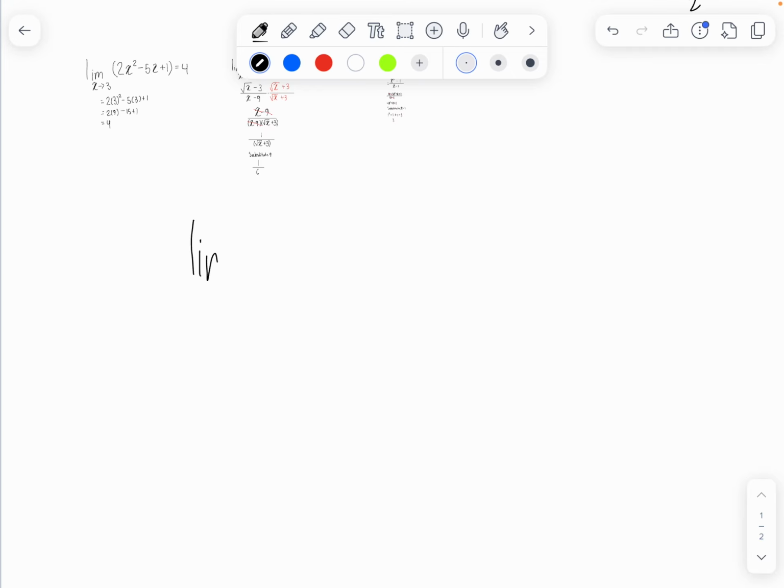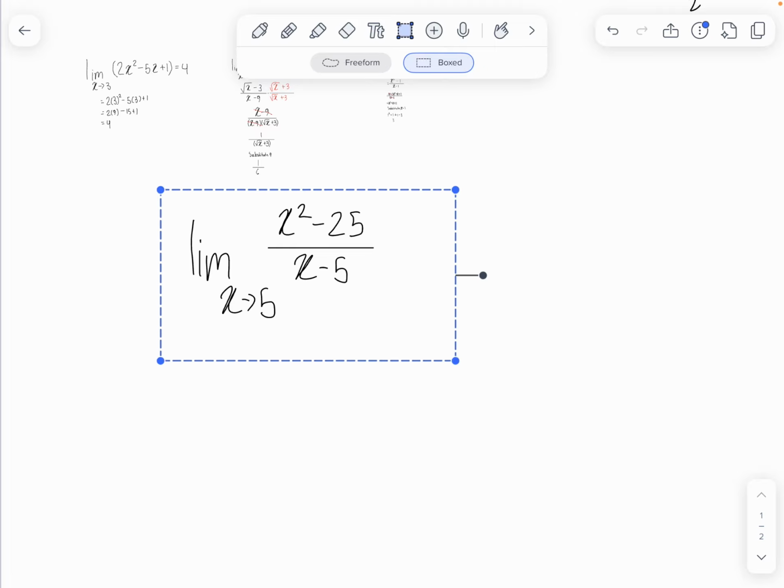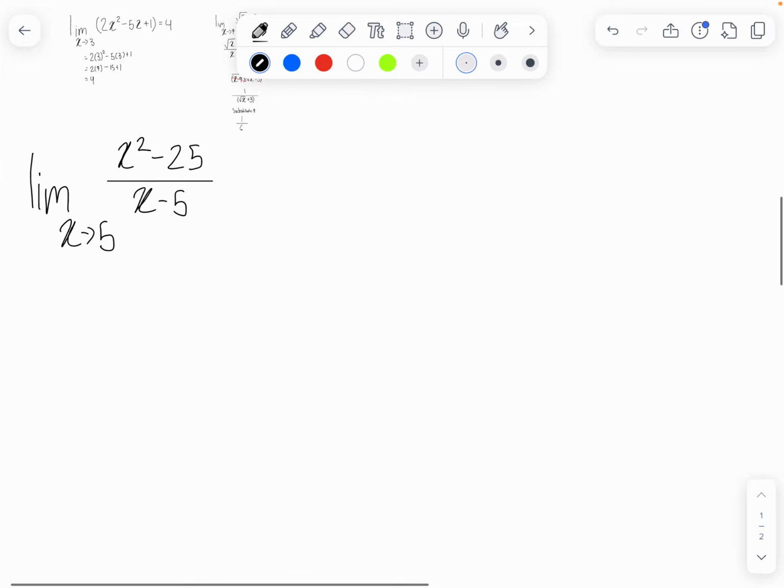What is the limit as x approaches 5 of the function x squared minus 25 over x minus 5? That's question 1. Time for question 2.